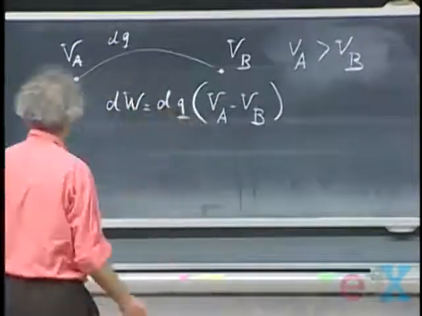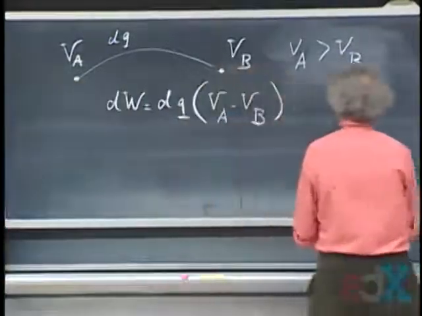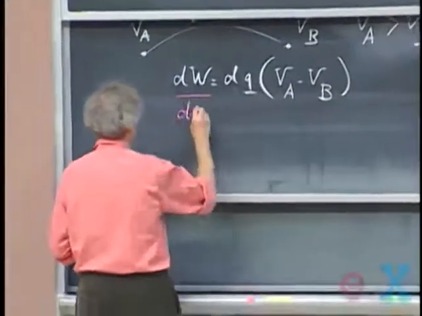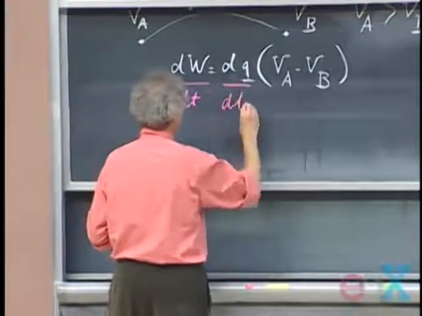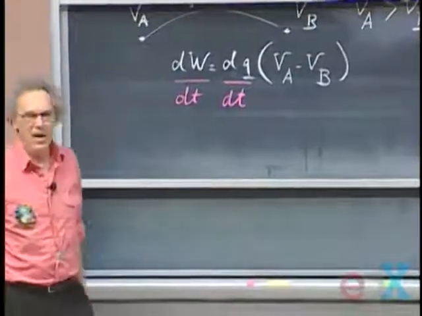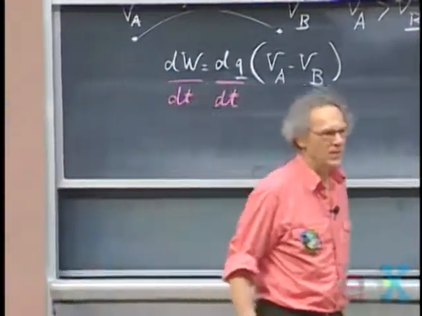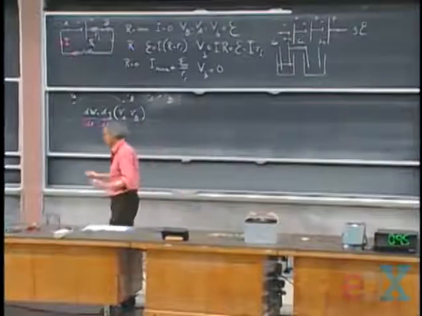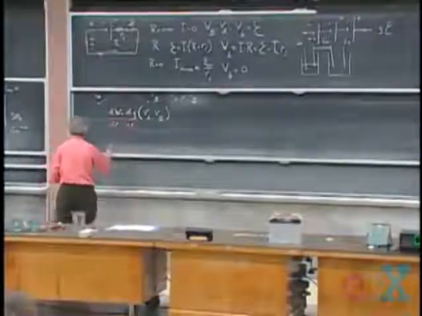I can now do something that you shouldn't tell your math teachers, but physicists do it all the time. We divide by dt, and now we say, aha, what we have on the left side is now work per unit time. That's power, joules per second. So this now is power.